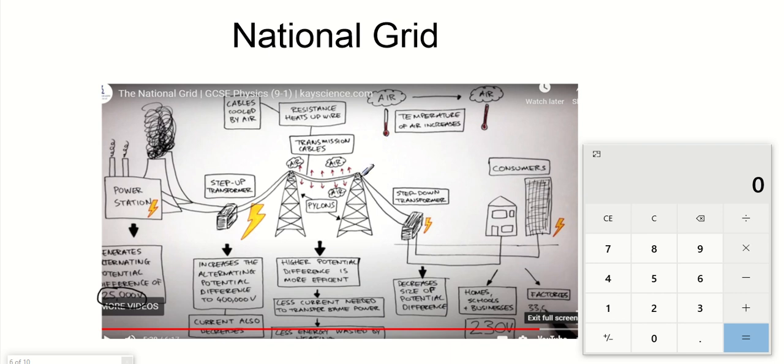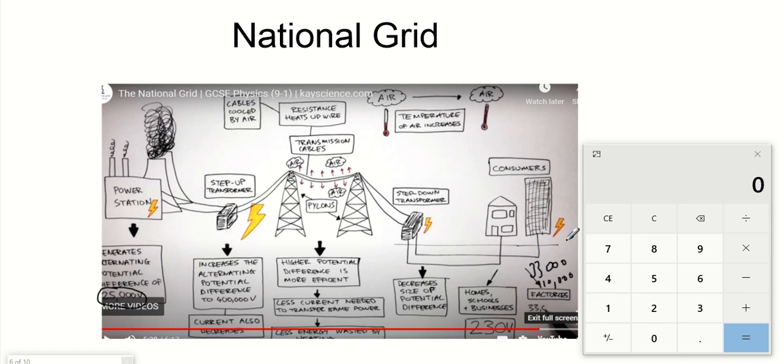Now also, when we come to our houses, 400,000 volts is way too dangerous, so we drop down using a step down transformer from 400,000 volts to 230 volts, so we can go into our homes. Our factories, however, might only drop to 33,000 or 110,000 volts, something like that.